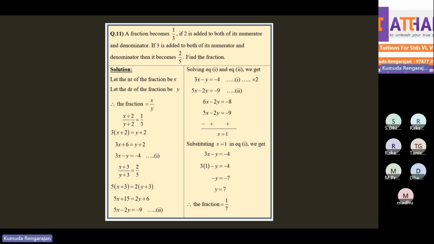What is the fraction? Fraction is minus 15, minus 6.